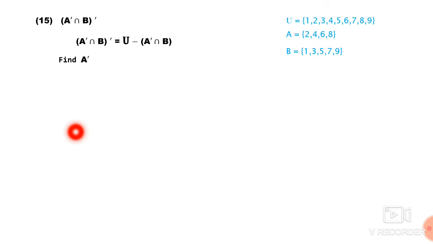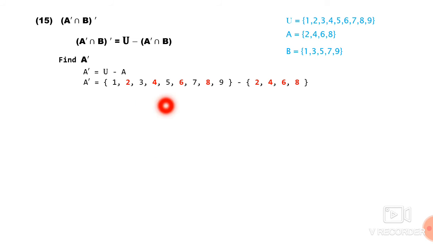We are going to solve A complement first. To find A complement, we have to subtract set A from universal set. Universal set minus set A will be, then A complement is equal to 1, 3, 5, 7 and 9.